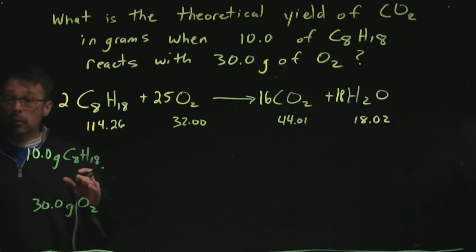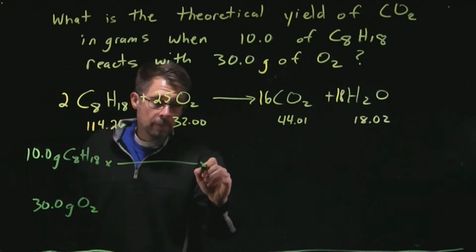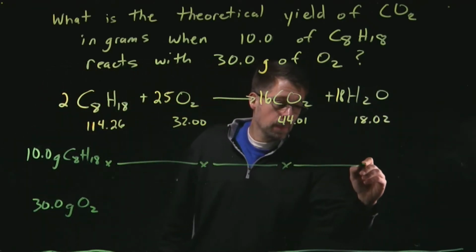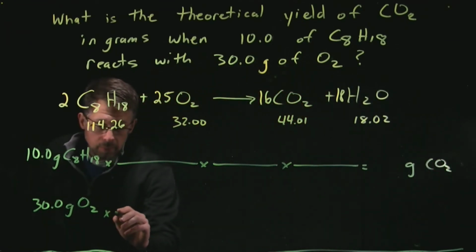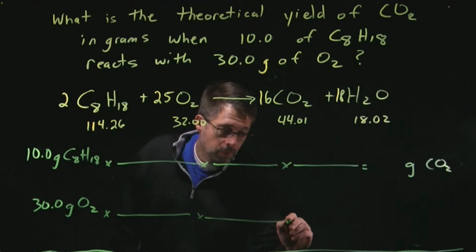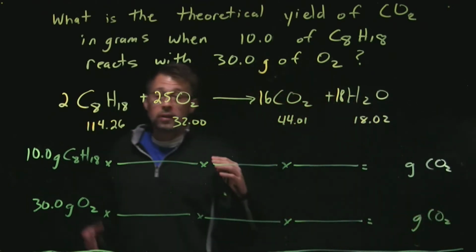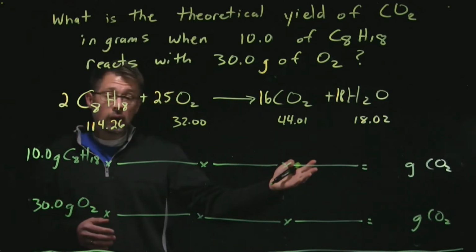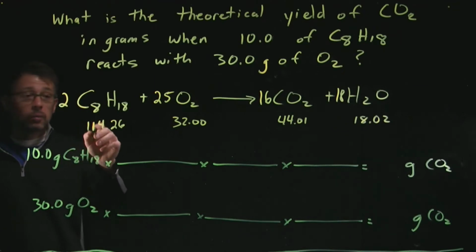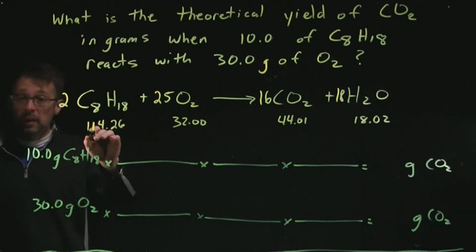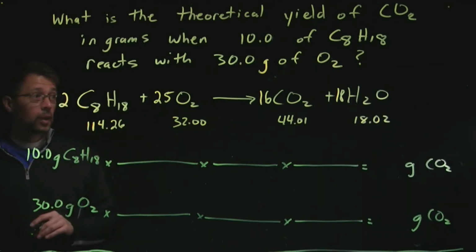Now, I need to take both of these through the same process in order to get to grams of CO2. And I'm going to do that same thing here. And it's important that you convert these both to the same product, otherwise you can't compare them. So I already went through and wrote the molar masses from the periodic table of each of these compounds underneath the respective formulas.